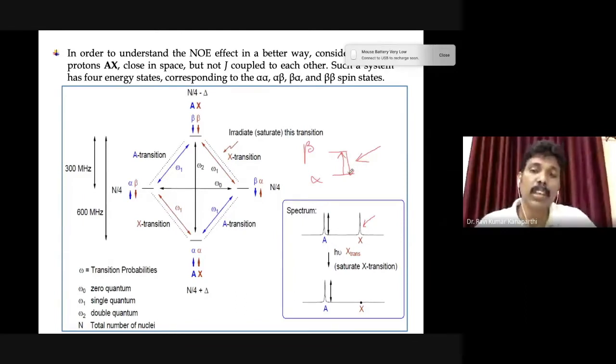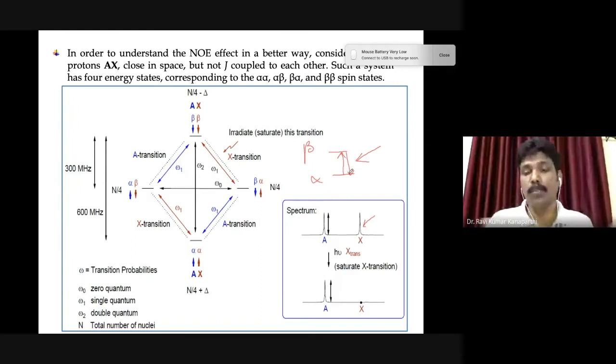It will not stay in the ground state, so it will shuttle between these two nuclear energy states. Therefore, at a given point of time, the population difference between the ground state and upper state is zero. Almost equal, both the states are equally populated. If the states are equally populated, then we can't see a transition, right? We can't see any transition.